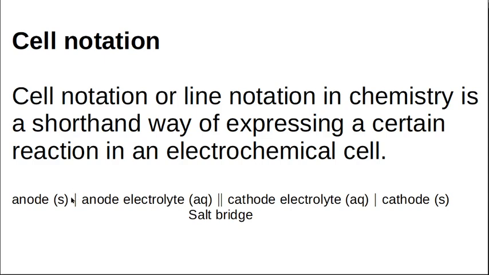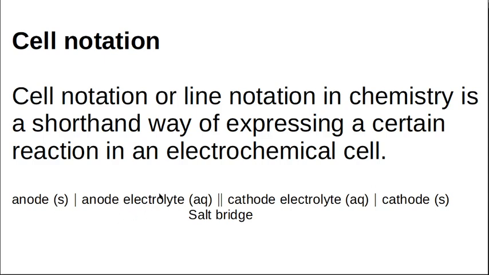So have a look here. We've got vertical lines in this. This one looks like your parallel line thingy. You write everything about the anode on the left and everything about the cathode on the right, and they are separated by the double line, and the double line represents the salt bridge. So you write the name of the anode and its state symbol, and then you write the anode electrolyte in aqueous solution, like copper 2+ sort of thing.